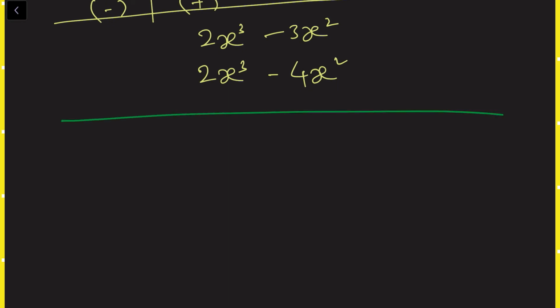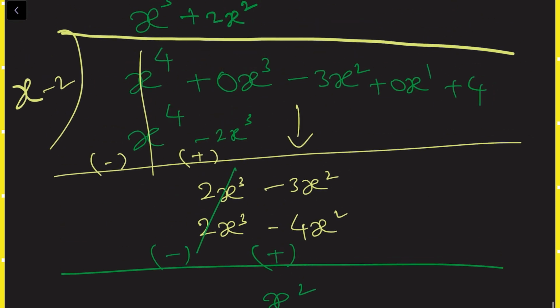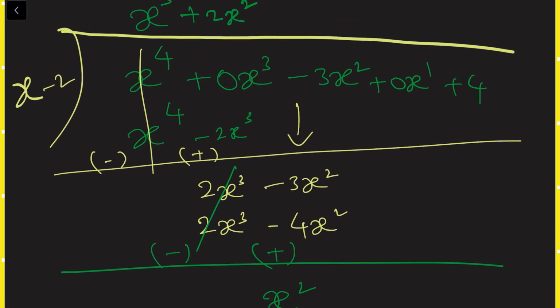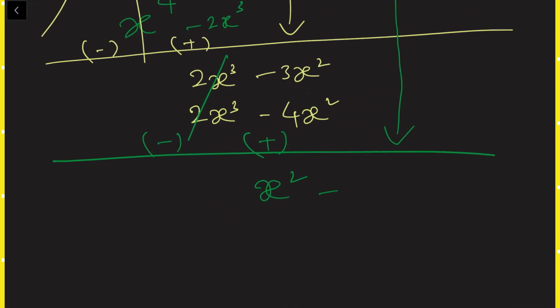So if you do subtraction, plus 2x cube will become minus 2x cube, minus 4x square will become plus 4x square. These two cancel. Minus 3x square plus 4x square, x square. Dropping remaining. Here 0x is there, so 0x doesn't have any work. Then also I am dropping and plus 4.